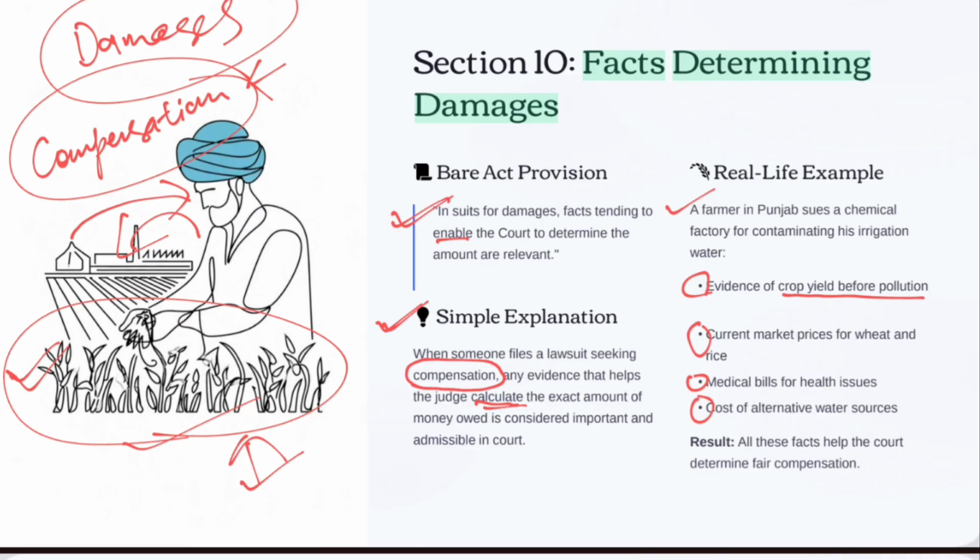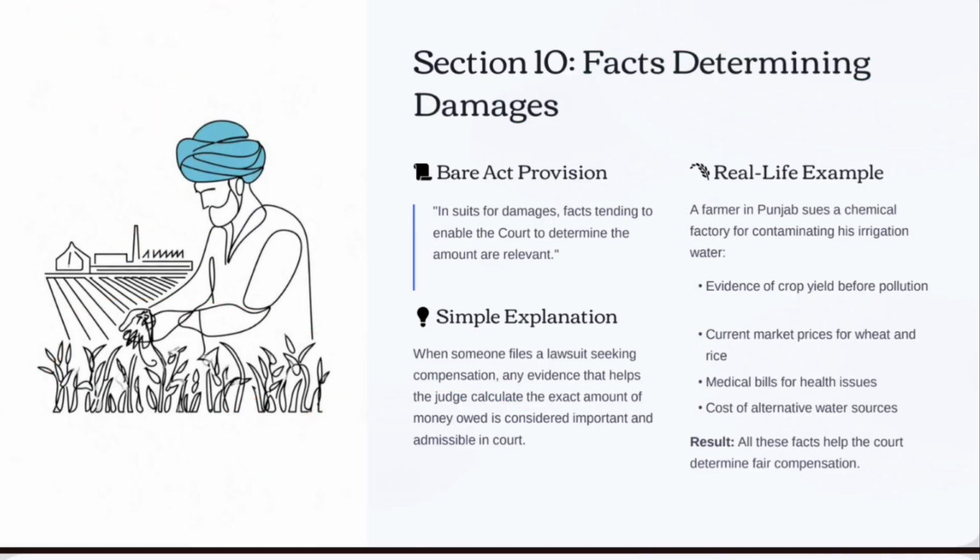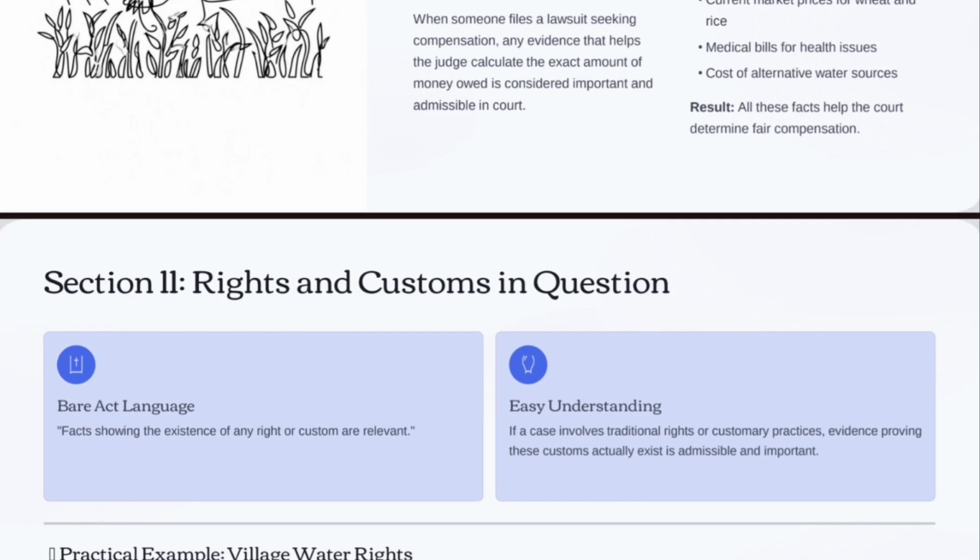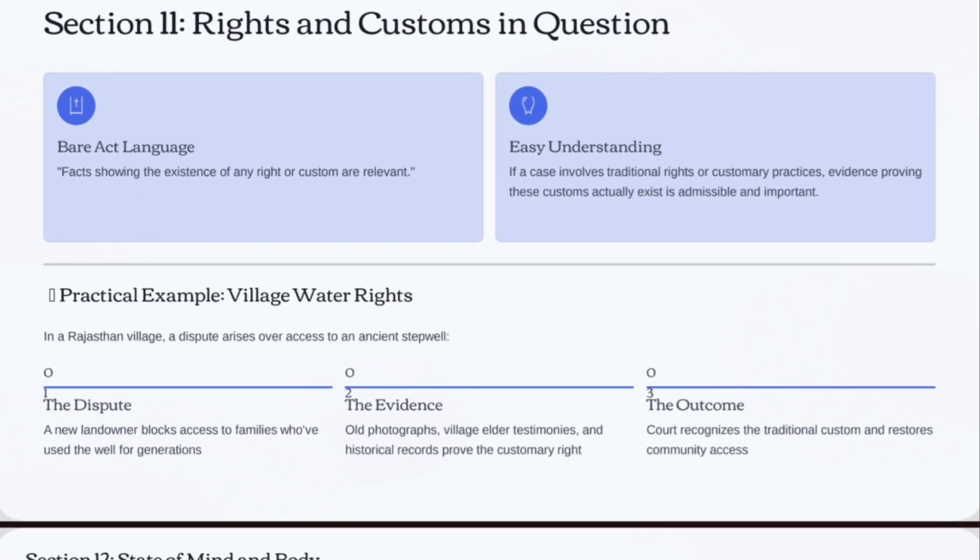Now let us move to the next section, that is section 11, rights and customs in question. When the rights and customs are in question before the court, whether there exists any right, adhikar, and custom, riti, rivas.